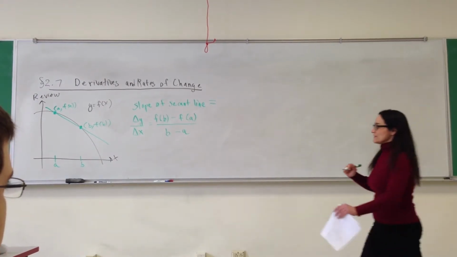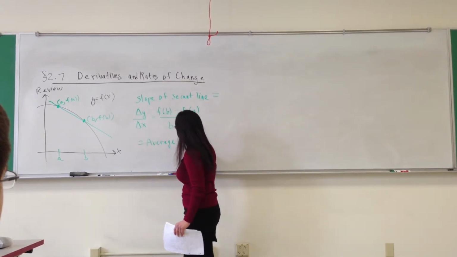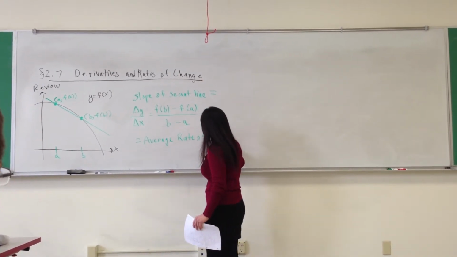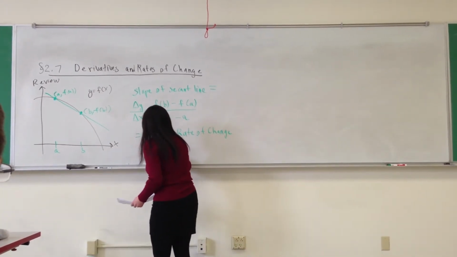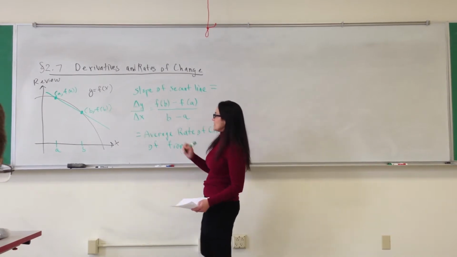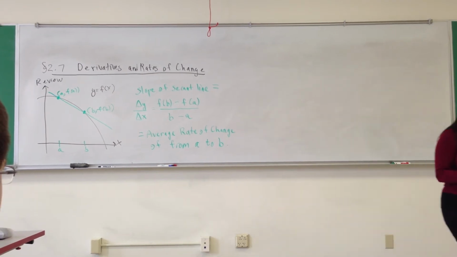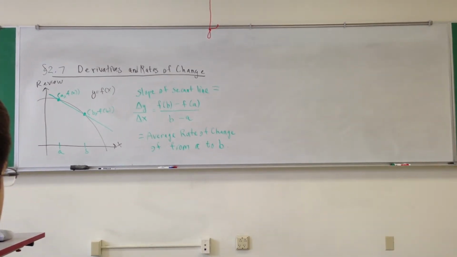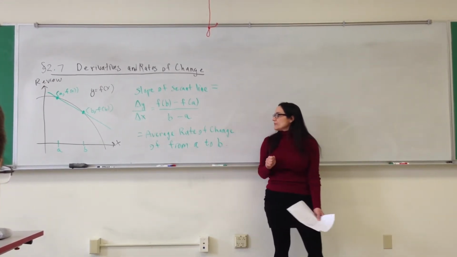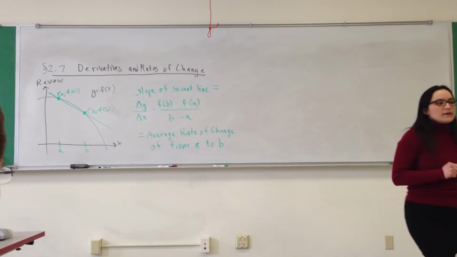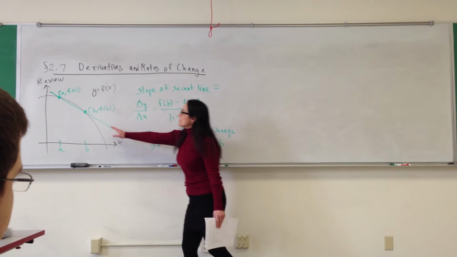Average rate of change. This is the average rate of change of the function between the points A and B, so from A to B. So the slope of the secant line, or this difference quotient f of b minus f of a over b minus a, the average rate of change from A to B, these are all equivalent. These all represent the slope of the secant line.